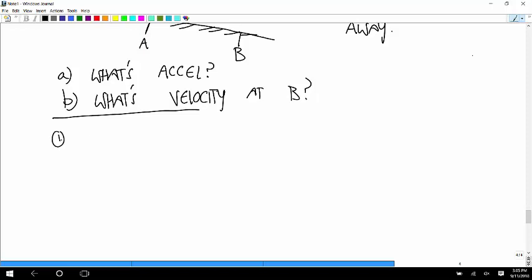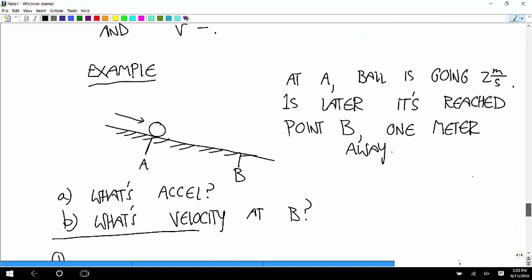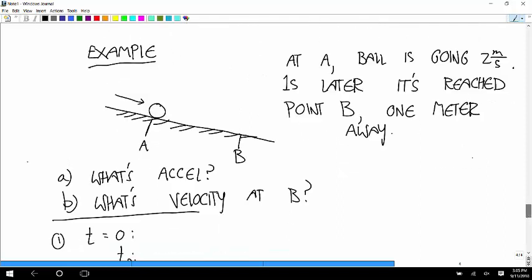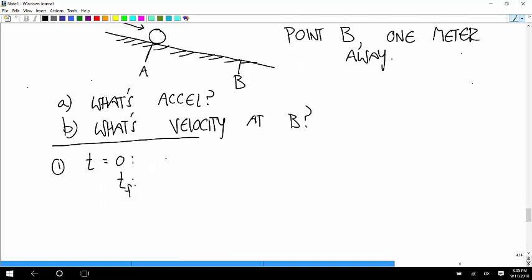So step one, we have to make those choices. So first, let's do the times. Time equals 0 and time final. So what do we want to call our time equals 0? Yeah, the instant it passes A. And why do we want to choose that?